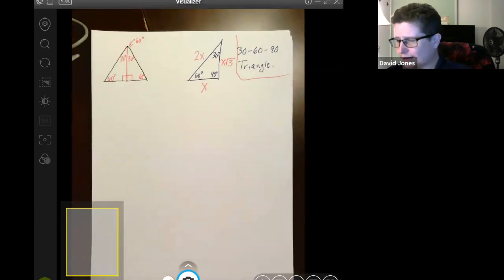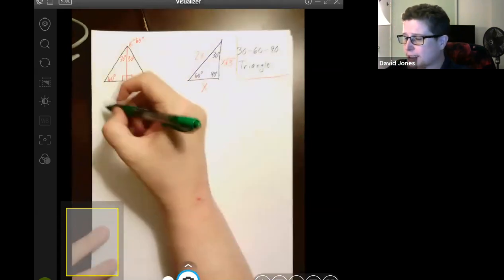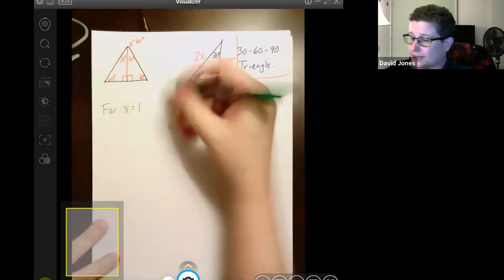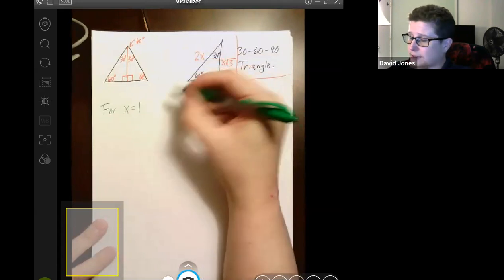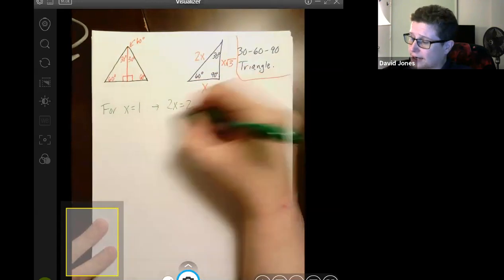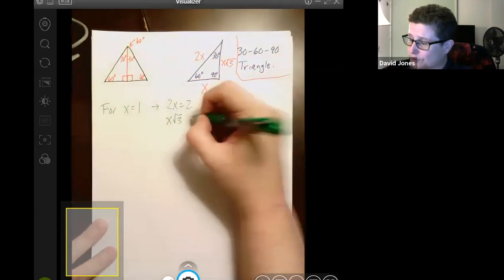True for every 30, 60, 90 triangle. They're all similar, it just changes what x is. For x equals 1, like on a unit circle, we have 2x equals 2, and x root 3 equals root 3.